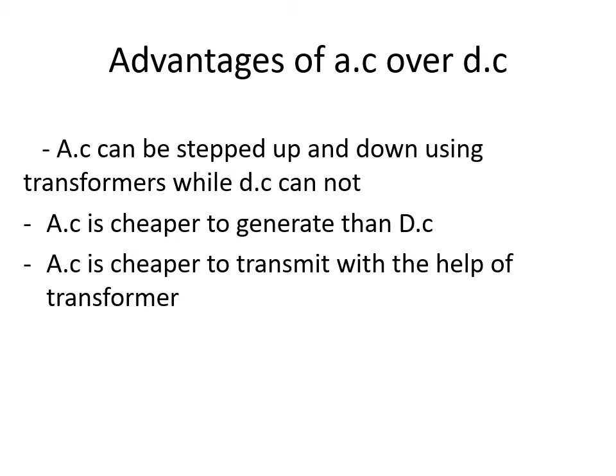Let's look at the advantages of AC over DC. In other words, the differences between AC and DC. The first advantage: AC can be stepped up and stepped down using transformers, while DC cannot.